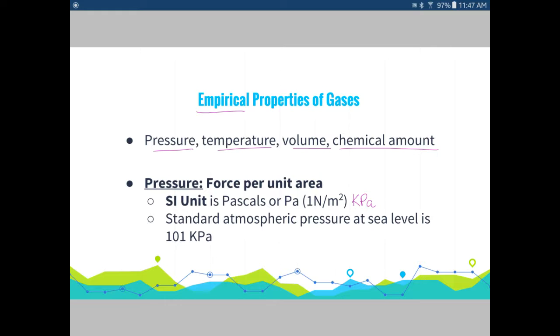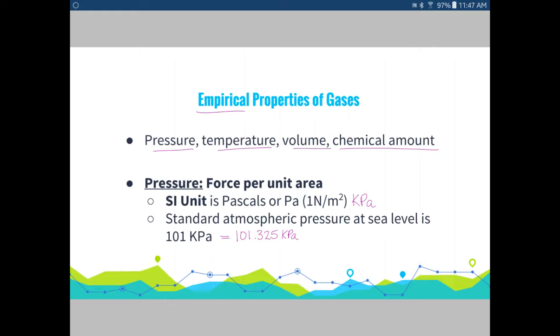Again, 1 pascal is equal to 1 newton per meter squared. Standard atmospheric pressure at sea level is 101, and to be even more precise, 101.325 kilopascals. Again, this pressure is a force per unit of area.